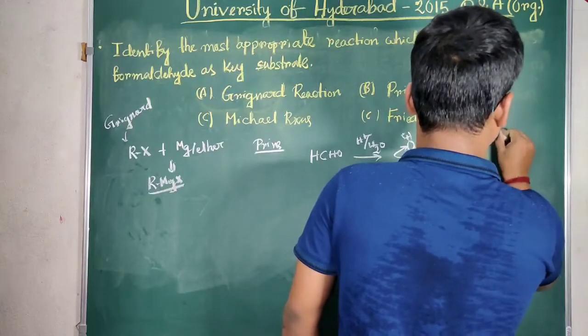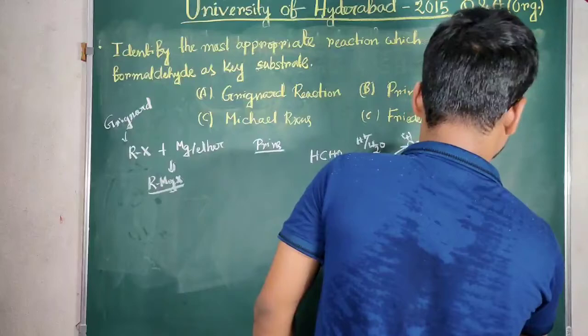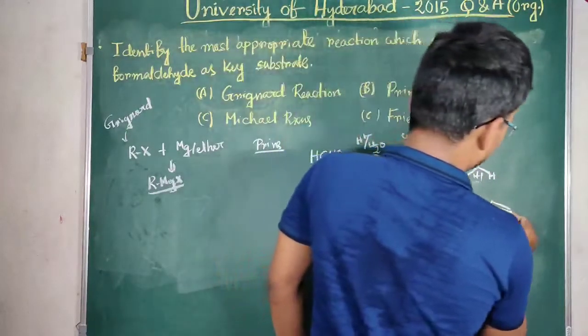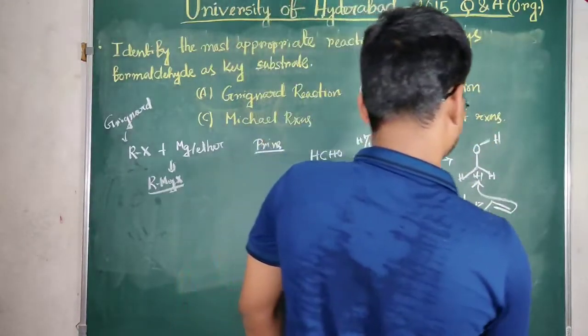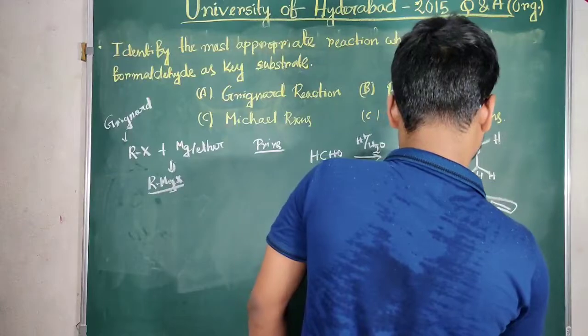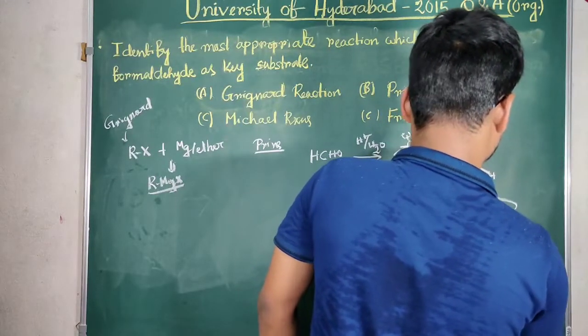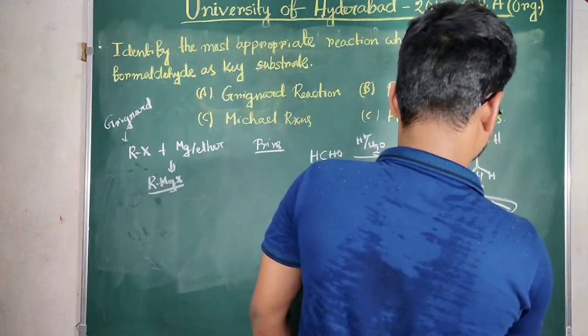I am showing the mechanism actually. Okay, so the protonated formaldehyde is attacked by different types of electron rich compounds. Okay, so what do we get? One, two, three, four.